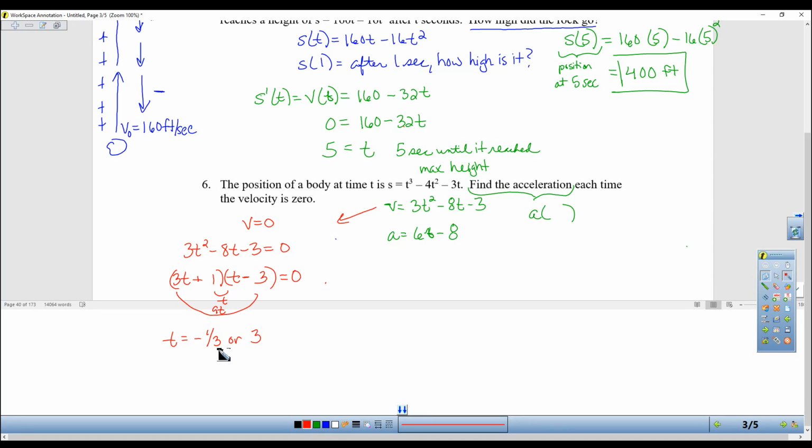Can t be negative? No. So the only viable answer is t is equal to 3. So what is the acceleration when the velocity is 0? 6 times 3 minus 8, which is 10. This one doesn't have any units attached to it, so you can stop there.